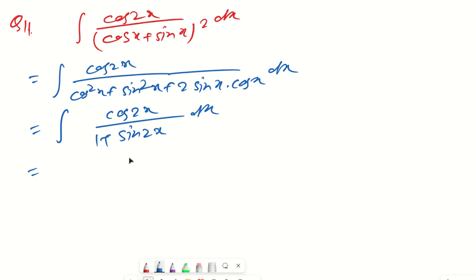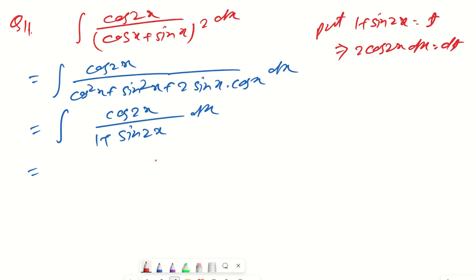This kind of question I already solved. However, we will do it like this. Let us put 1 plus sin 2x equal to t. Then, differentiating, sin 2x gives 2 cos 2x dx equal to dt. So in place of cos 2x dx, we are going to put dt by 2. Can we do this now?